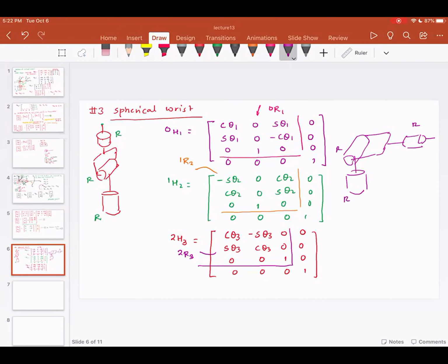Now, this is very interesting to observe: if I were to do 0H3, which is 0H1, 1H2, 2H3, I would get a matrix, but the last column of this matrix will be 0, 0, 0, 1.